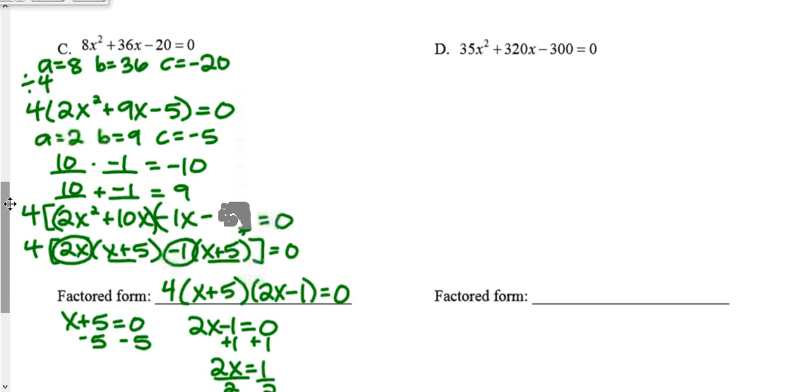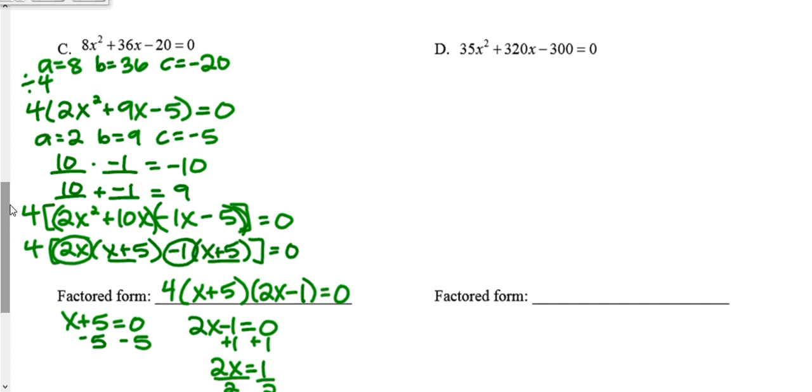All right, taking a look at this last one on your notes. Looking at A, B, and C, and we're just going to try to streamline this a little bit so that we don't have to keep writing out A, B, and C. All of those numbers are divisible by 5, I think is the biggest number they're all divisible by.